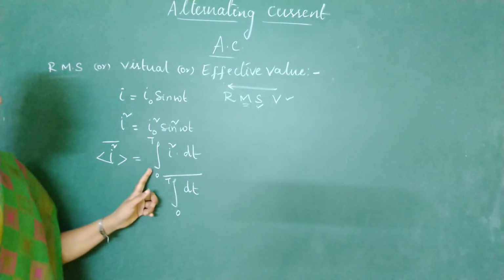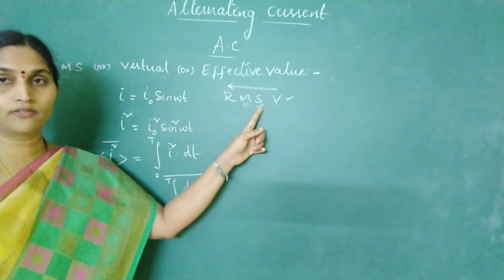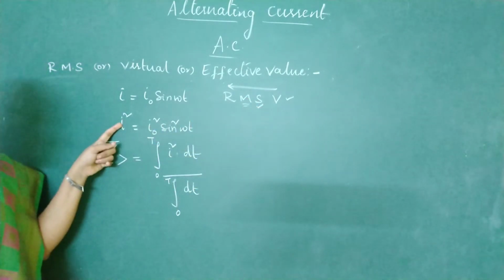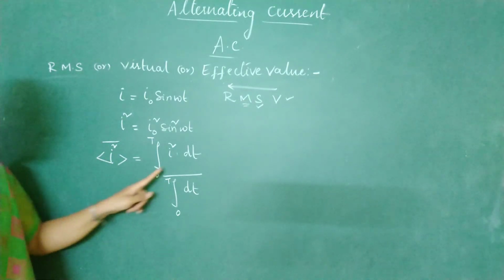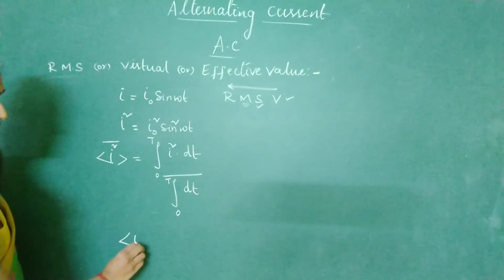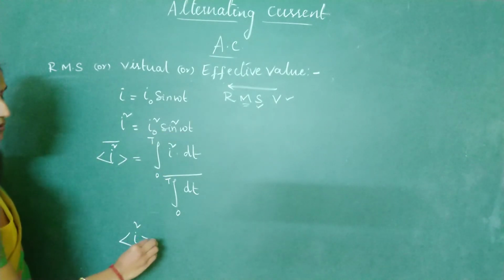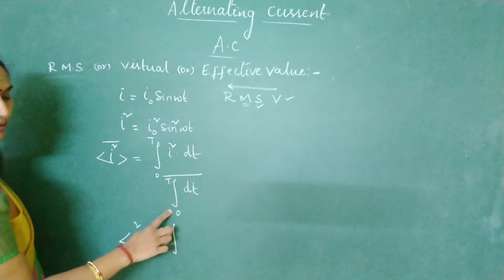Average value of current is integral of I dt. But here I am taking the mean of the square of current. So we have squared the current. Now I am calculating the average of I square. So in the place of I square, I will write this relation.